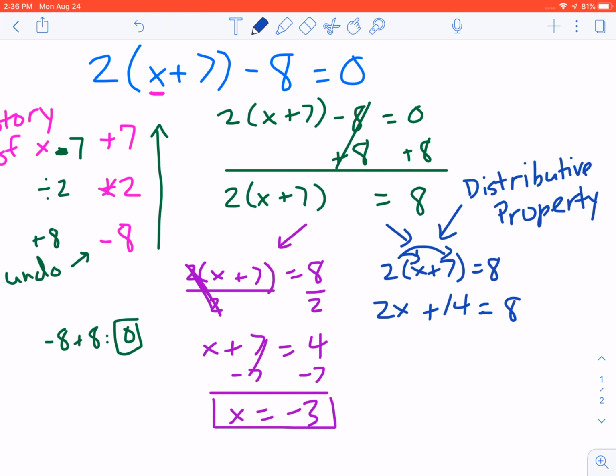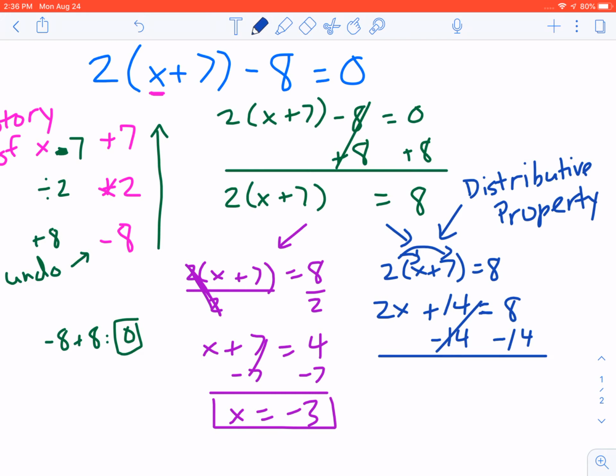Now, the thing I do want to point out is this whole undoing thing that I was trying to focus on over here. I'm kind of away from that now. Now I'm just using my normal properties to solve an equation. Totally fine. So the next step is I'm trying to get x eventually by itself. So the next thing we're going to do is subtract 14.